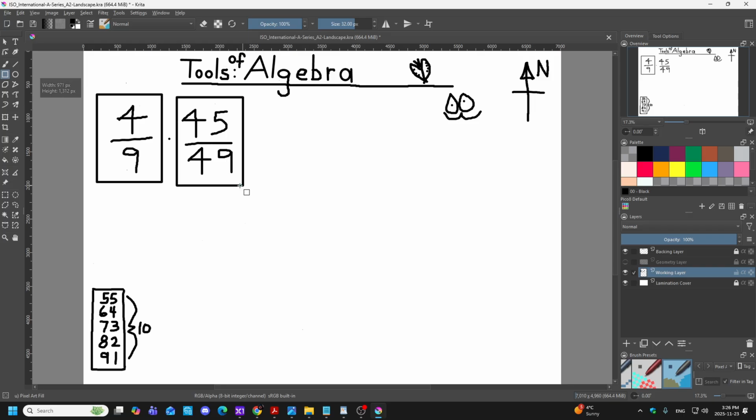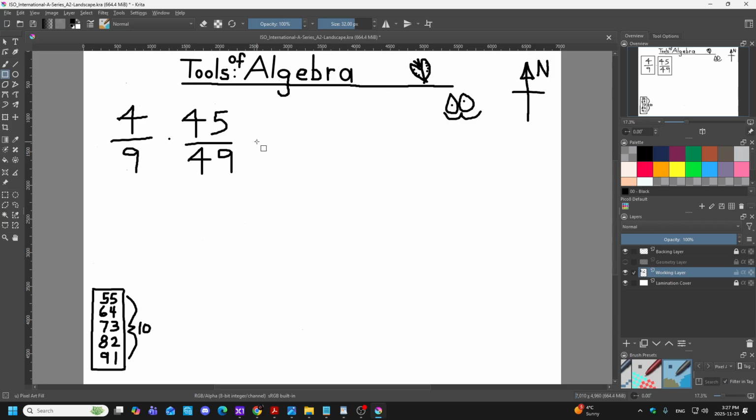So think of these as two different objects or things. They're two independent things, because they're fractions, but they're two independent fractions. I could continue my work simply by going like this. I'll write it like this. I'll go 4 over 9.